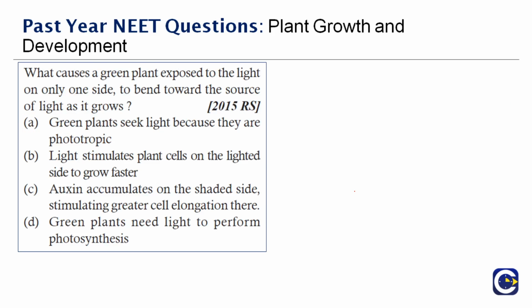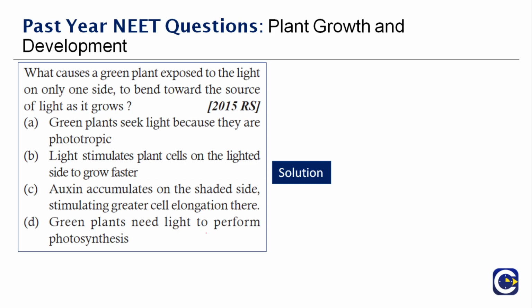It's a very easy question for you to answer. First option, green plants seek light because they are phototropic. Light stimulates plant cells on the lighted side to grow faster. Auxin accumulates on the shaded side, stimulating greater cell elongation there. Green plants need light to perform photosynthesis. Here, auxin stimulates cell elongation.